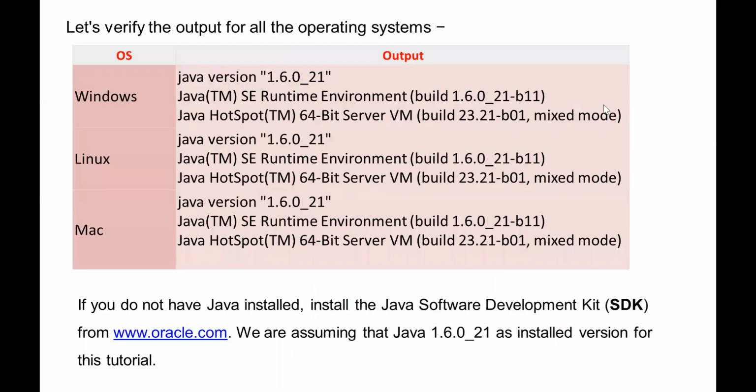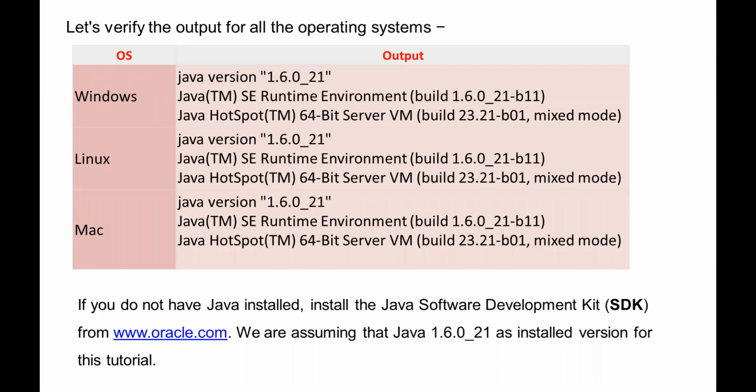Next, we can verify the output once the Java is there. So we can verify the output of the command on all the operating systems. Suppose you are using Windows, you can find the Java version is 1.6.0_21.